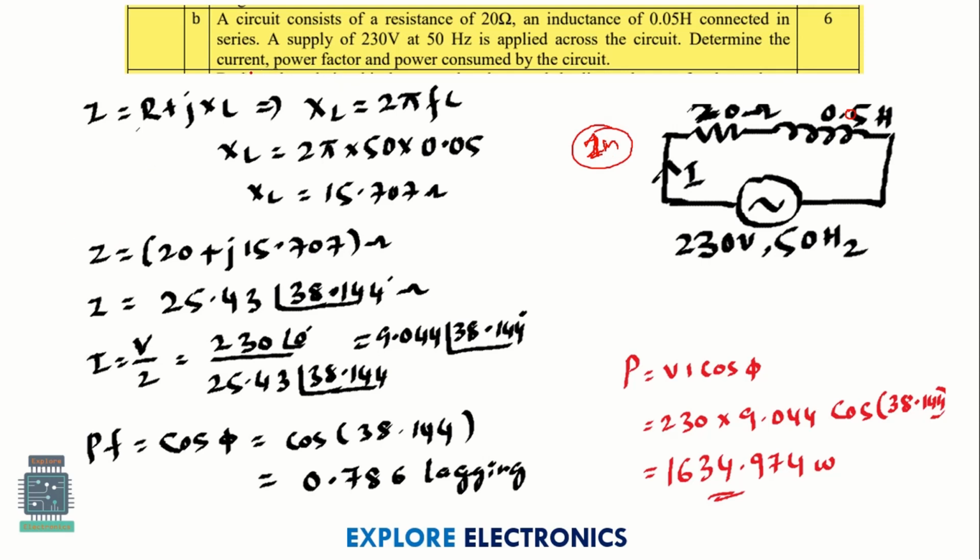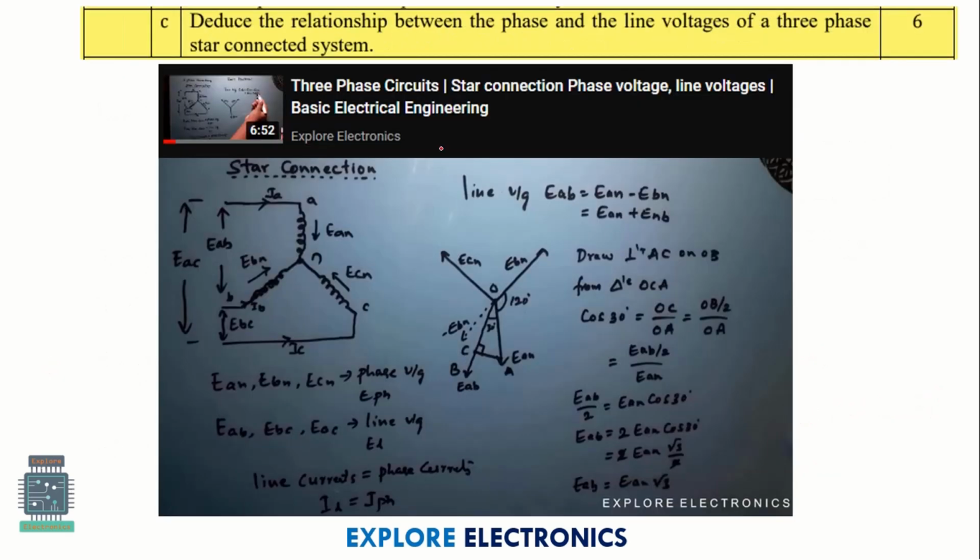Determine the current, then the power factor, and the power consumed by the circuit, total power. So here the marks distribution will be 2 marks for this, 2 marks for this, and 2 marks for this. Since power factor is a direct expression, we can take this as 1 mark, and another 1 mark will be given to the circuit.